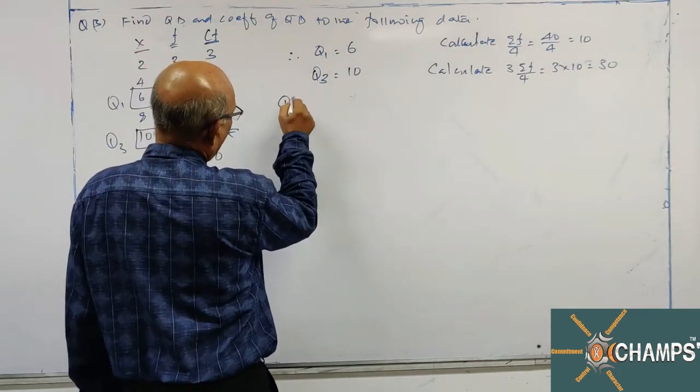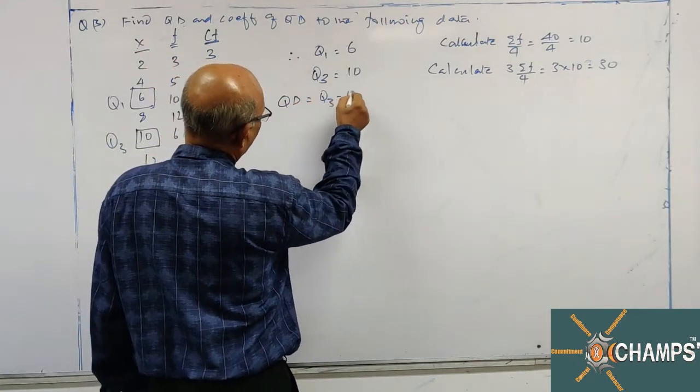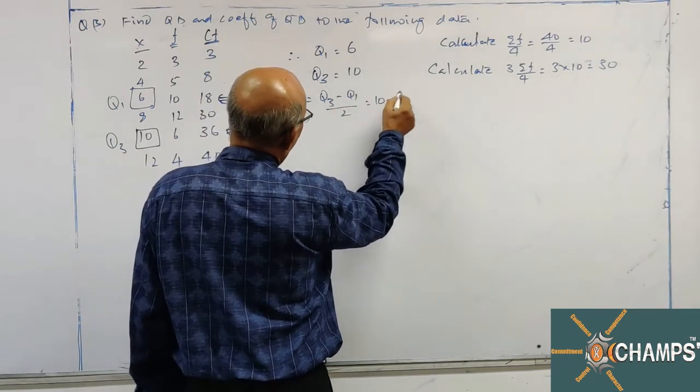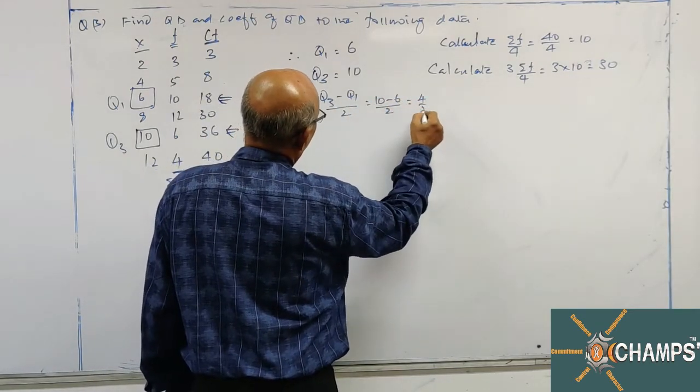Now, quartile deviation is Q3 minus Q1 by 2. 10 minus 6 divided by 2, 4 by 2, this is 2.